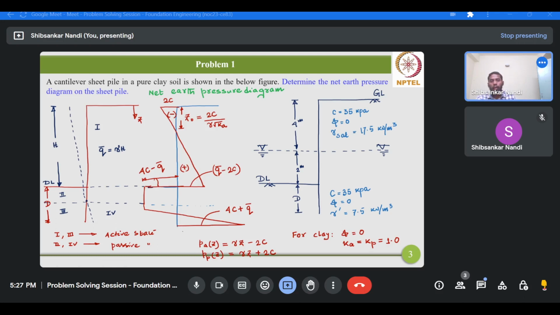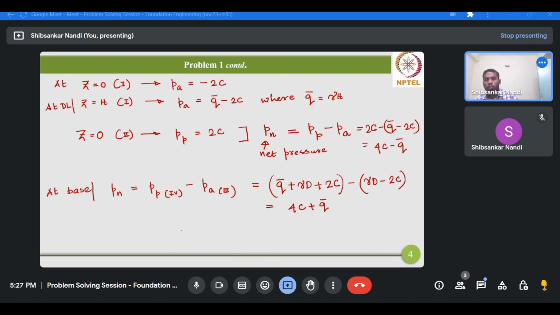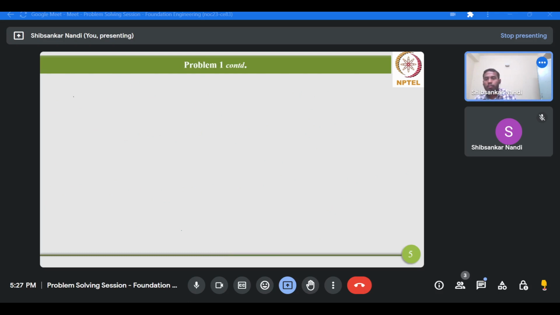Now we'll try to figure out the values, meaning the quantity of each component for the given inputs to this problem.